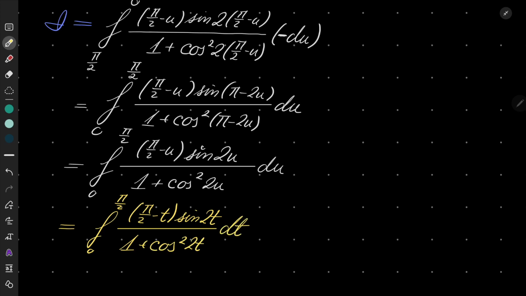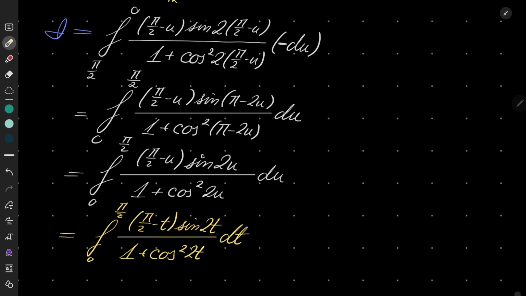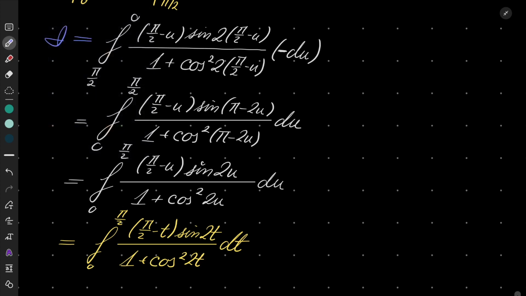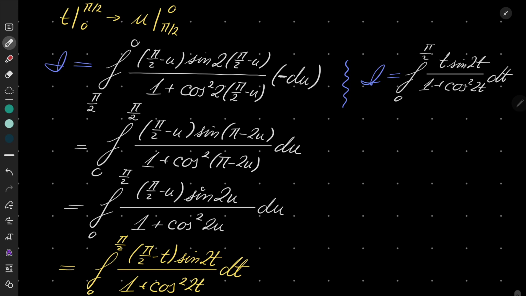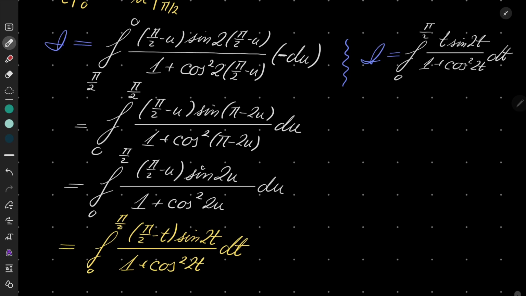Okay, very well. And remember also that, at the same time, the very same integral was just the integral from 0 to pi over 2 of t sine of 2t over 1 plus cosine squared of 2t dt. So we have two ways of expressing the very same integral.